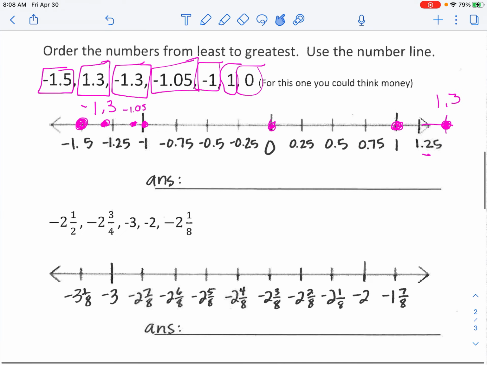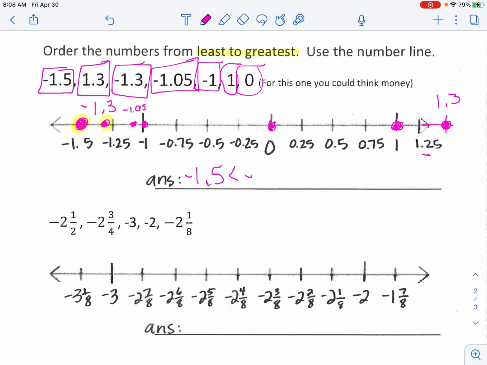Now remember, if we're going to order from least to greatest, we're going from left to right. So all you have to do is start with your first point to the far left. That's going to be the first number in your answer. So we're going to say negative 1 5/10 is less than. Now we're going to find the second number, moving from left to right. Negative 1 3/10 is less than.